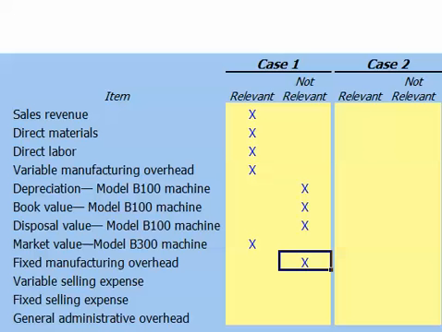However, we were told there would be an increase in variable selling expense and our fixed selling expense, so both of those are relevant to our decision. We were also told there would be an increase in our general and administrative overhead if we purchased the B300 machine, so it is also a relevant cost for our decision.